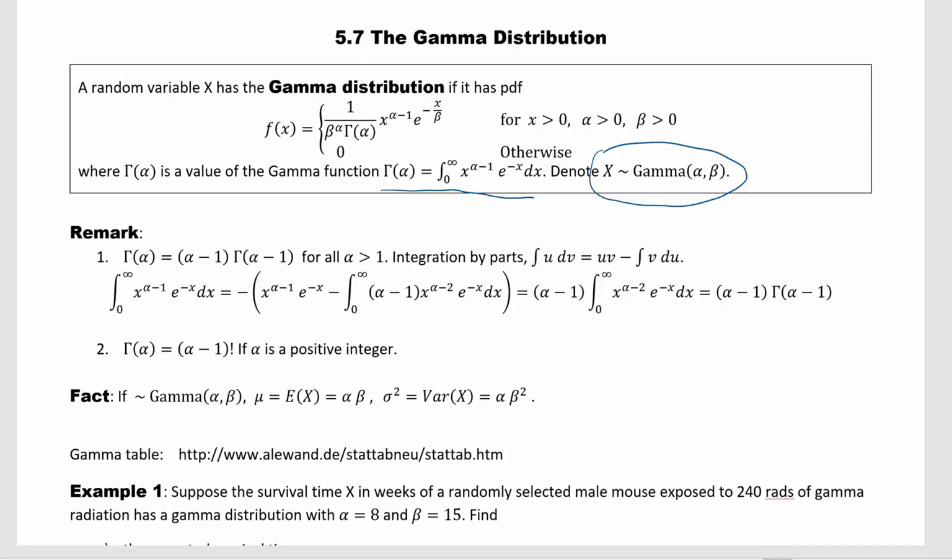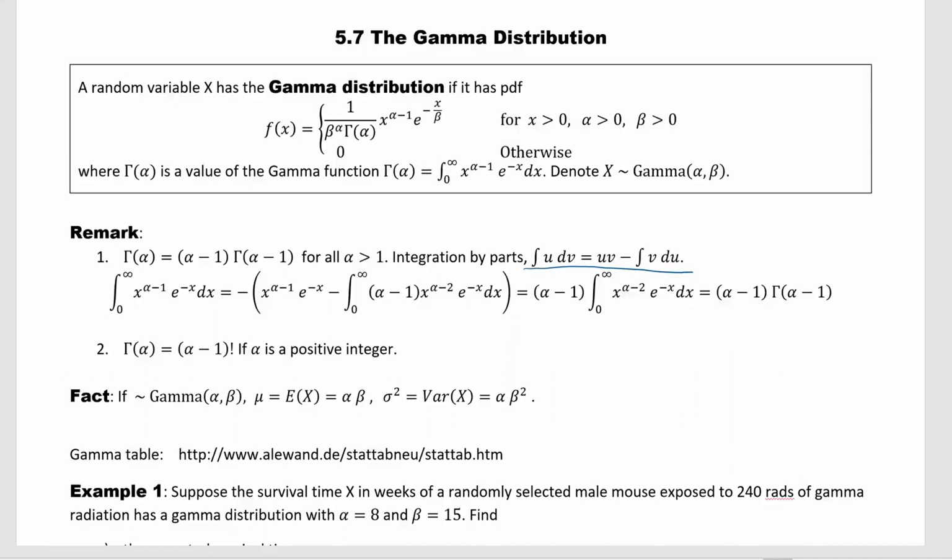So here are some remarks. Gamma of alpha equals alpha minus 1 times Gamma of alpha minus 1, for all alpha greater than 1. Well, that is because of the integration by parts formula. If you can remember integration by parts, the integral of u dv is uv minus the integral of v du.